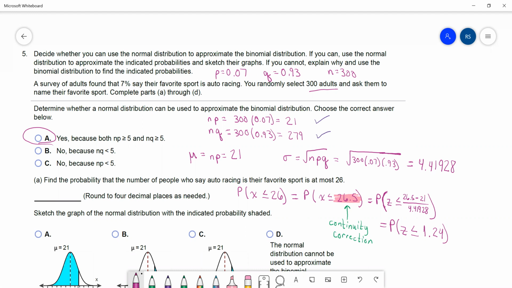Okay, so now that we know our Z-score, now we can look it up in our Z table, our standard normal table, and figure out what this probability is.